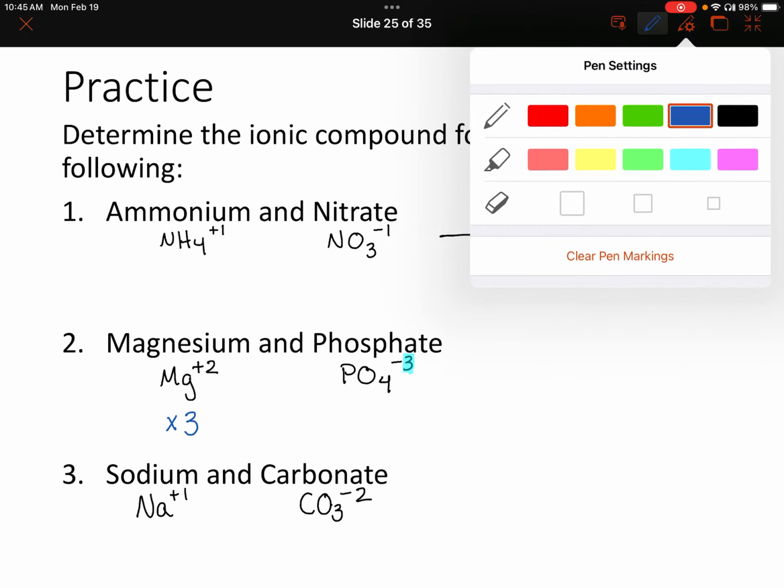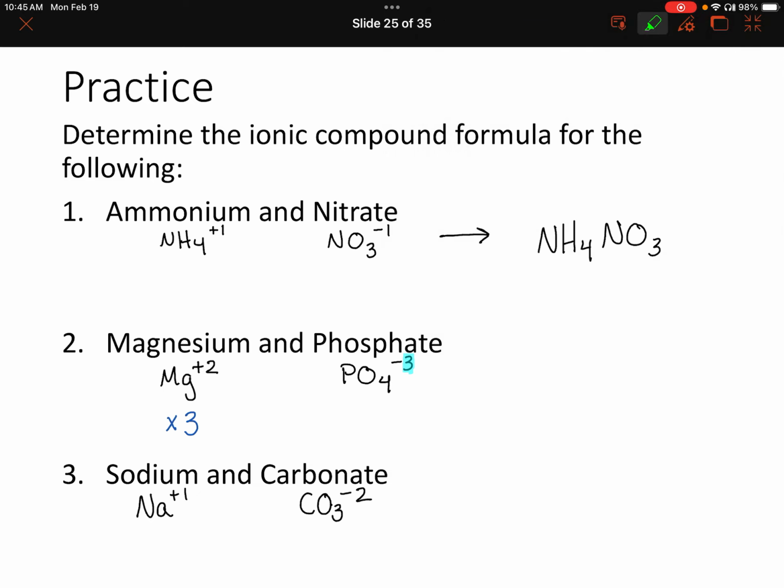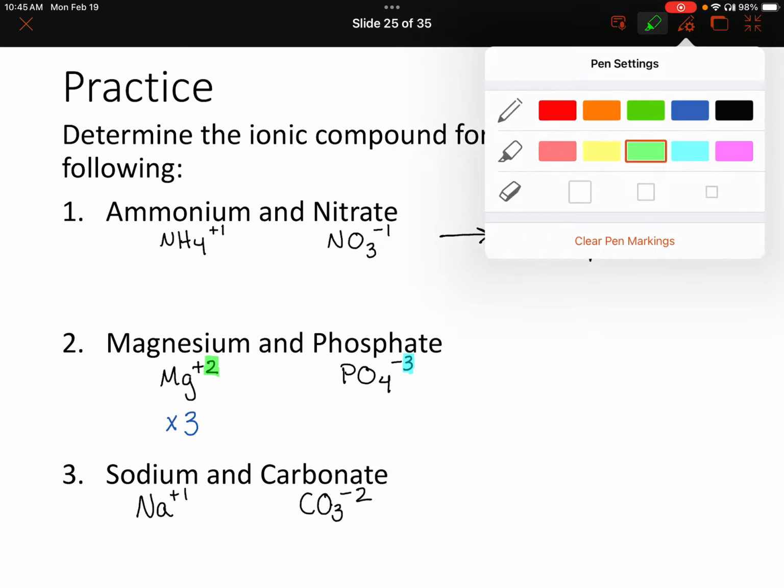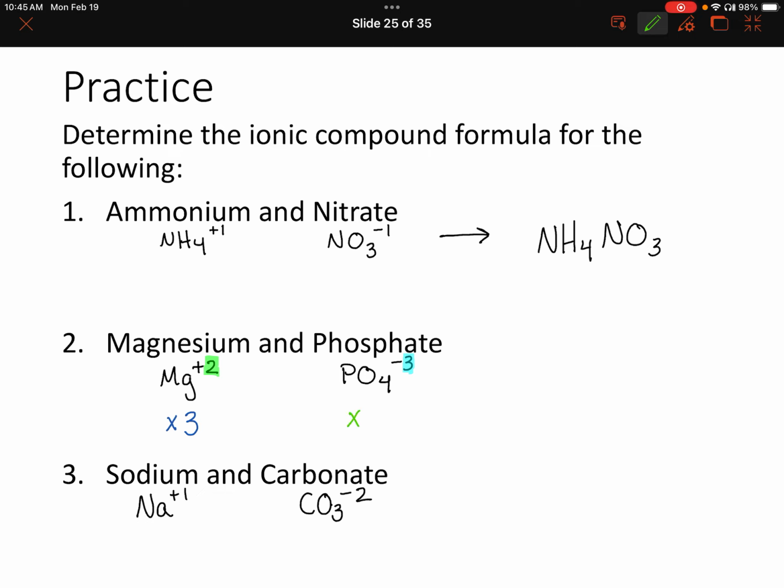And that means we'll multiply phosphate by 2. So 2 times 3 gives us 6, and 3 times 2 gives us 6. So we have plus 6 and minus 6, so that will match.